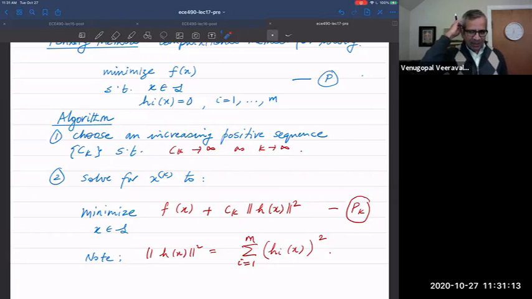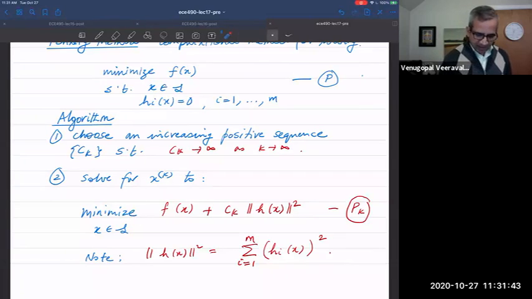And we'll see that that's exactly what happens. If we let xk be the solution to the kth problem, pk, then that xk satisfies that condition. xk will go to a limit such that h at the limiting value is 0, so that you satisfy the constraint and you minimize f(x) in the limit.